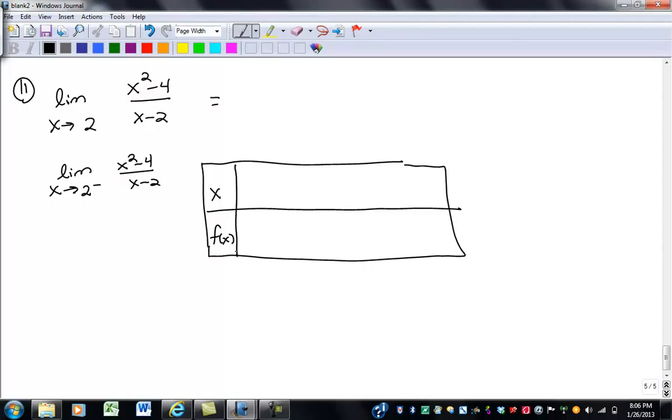So in number 11, this is 1.9, 1.99, 1.999, and a 1 with 4 nines. This will give us the limit, or an idea of the limit, as I approach 2 from the left. So what I'm going to do is plug these into my calculator and see what I get.